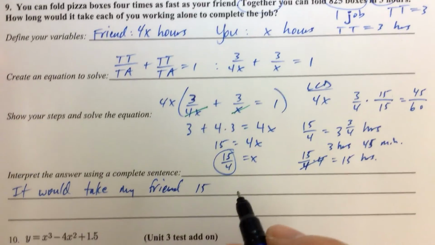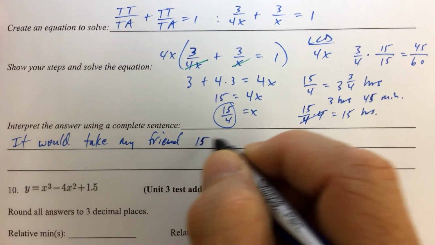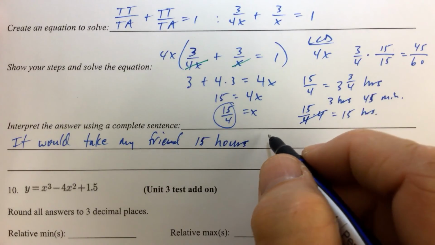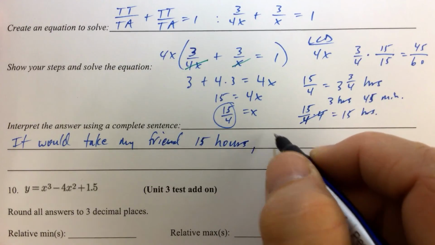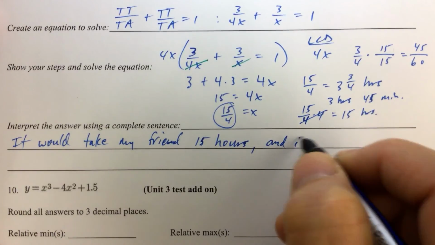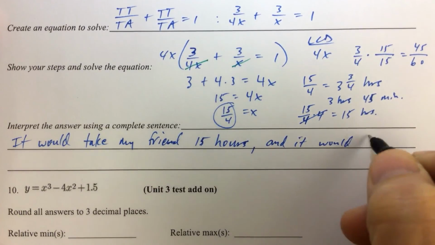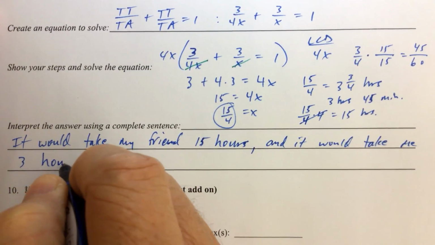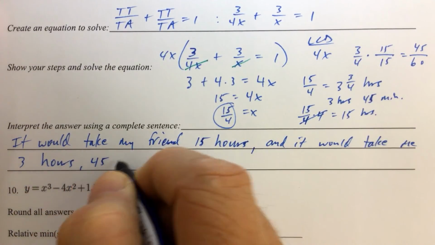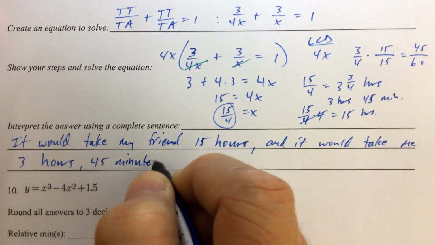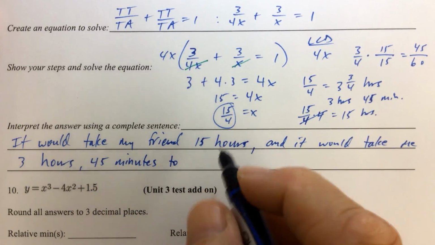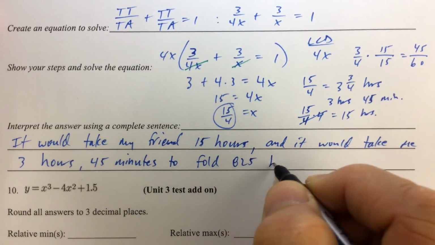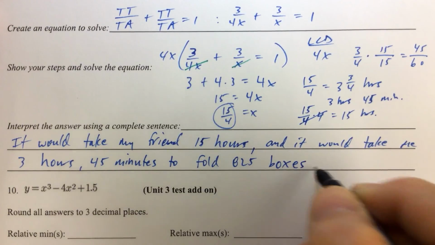It would take my friend 15 hours, and it would take me 3 hours, 45 minutes to fold 825 boxes. That's it.